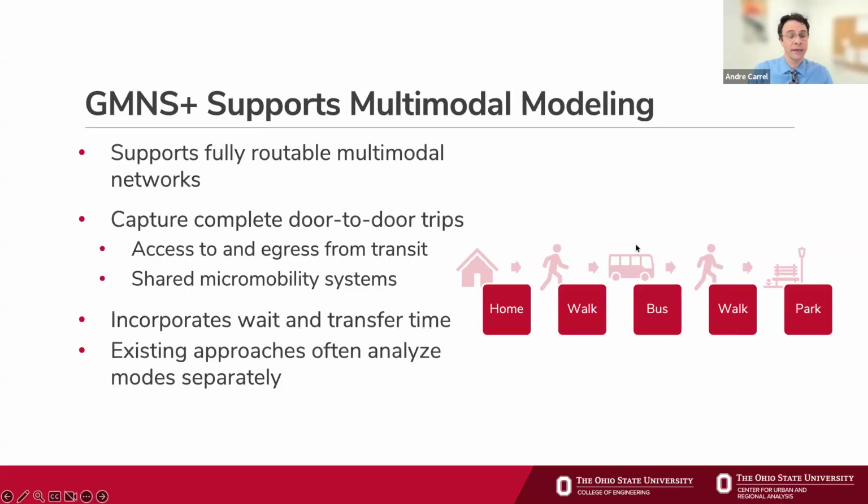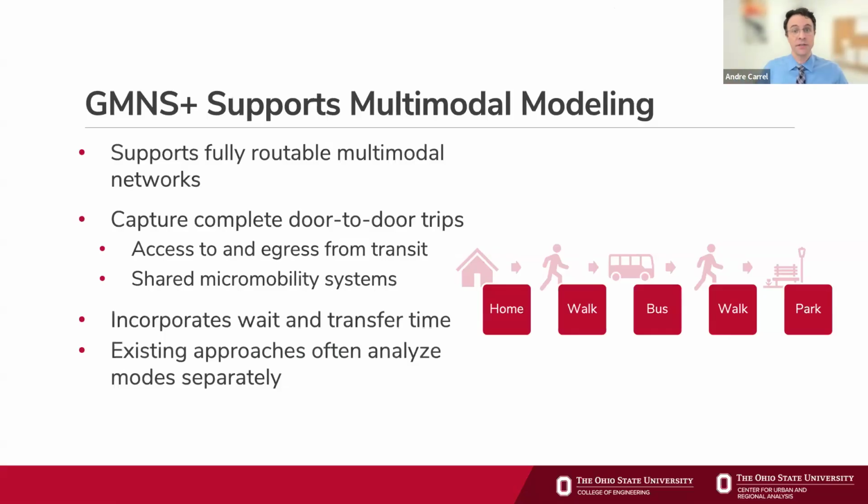This is also something that could be very advantageous for the modeling analysis of shared micromobility systems, for instance, where somebody may be traveling part of the way with a shared scooter or a shared electric bicycle, but then combining that with walking or even with transit.